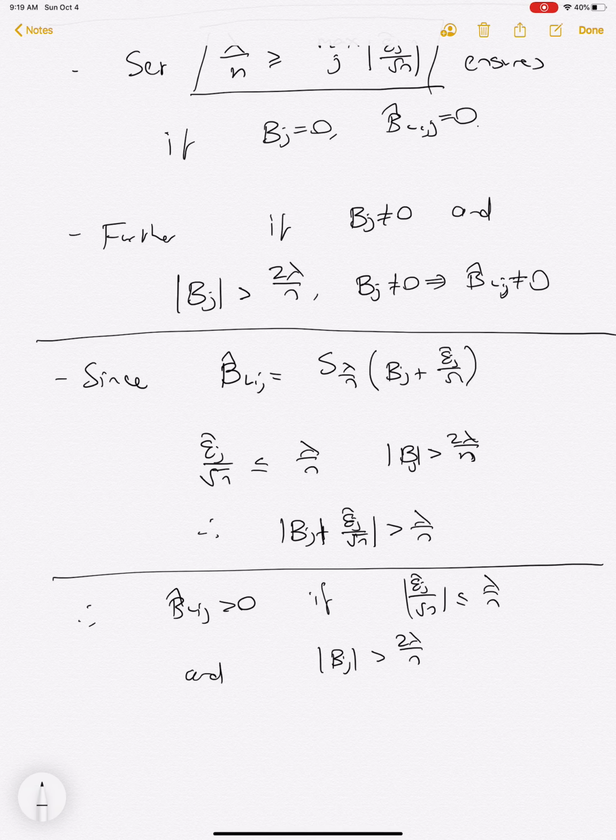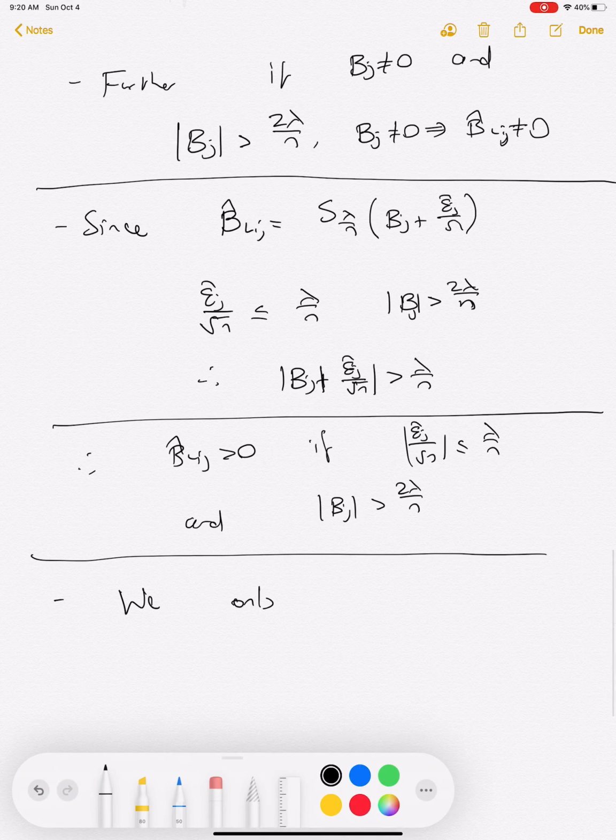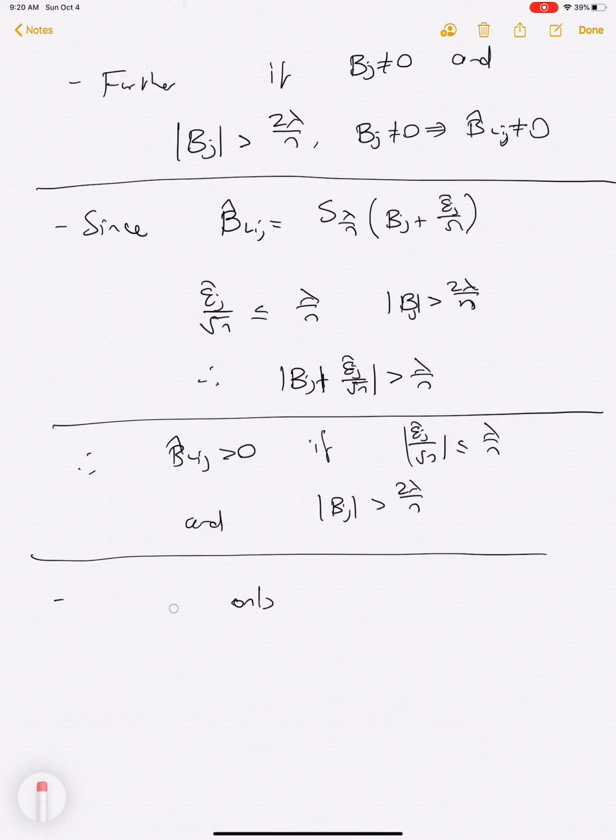So what we're saying there is that if bj is really, really close to 0, you might expect... so in words, I'm just describing what this condition means.